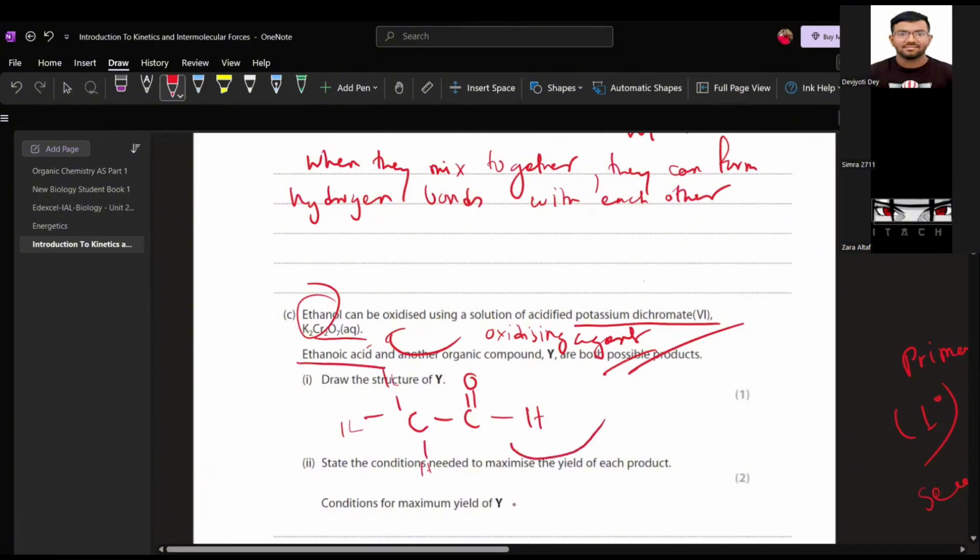What is this called? This is acid, sorry. No, it's not. That's an acid, right? Ethanoic. No, no. One minute.